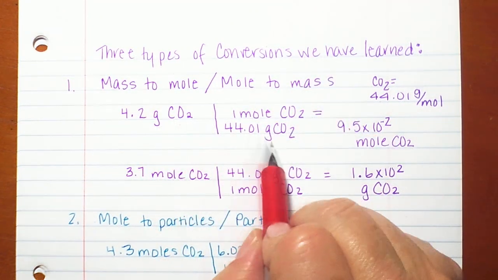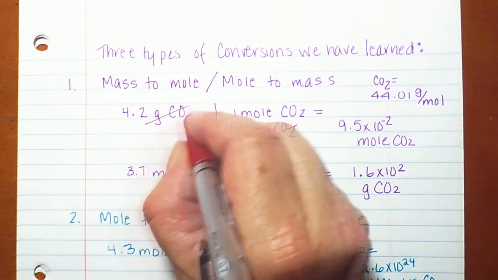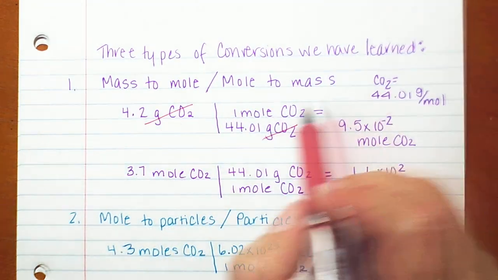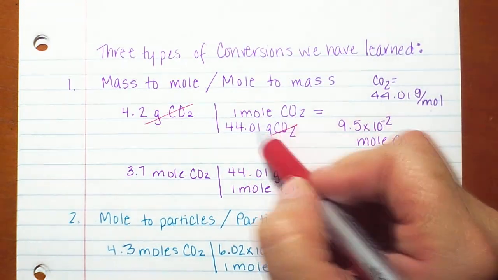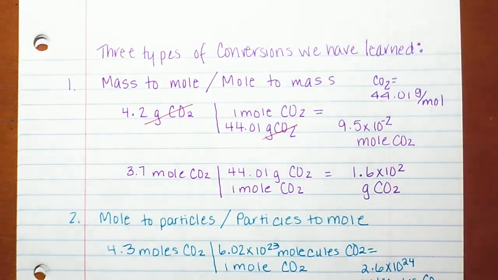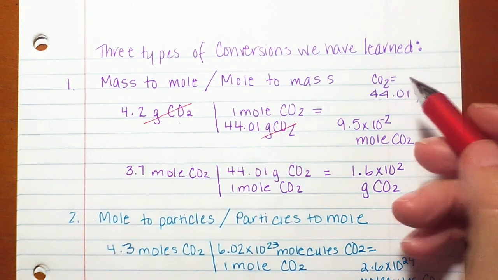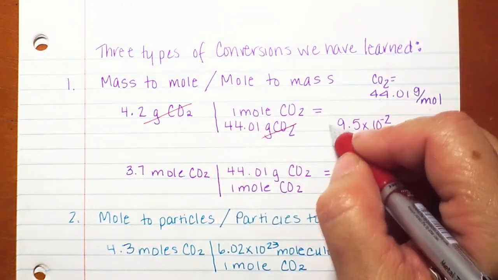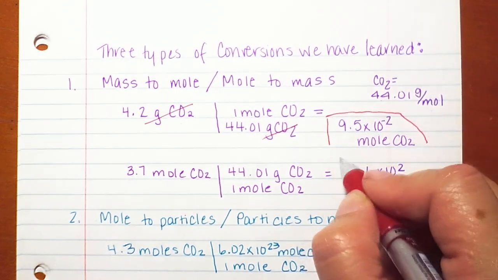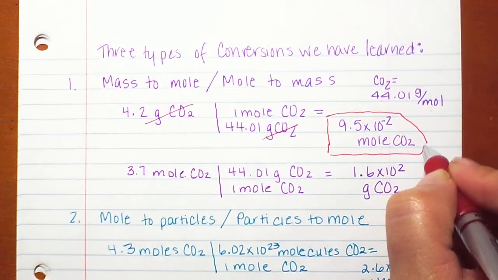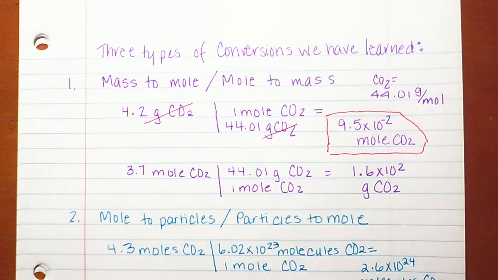I'm going to put my grams on the bottom so that I can cancel them out, and I'm going to put 1 mole on the top. So 44.01 grams per mole, I'm going to flip that, 1 mole over 44.01 grams. When I divide 4.2 by 44.01, I get 9.5 times 10 to the minus 2 moles of carbon dioxide.